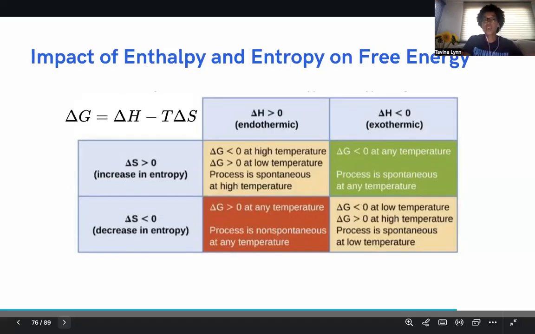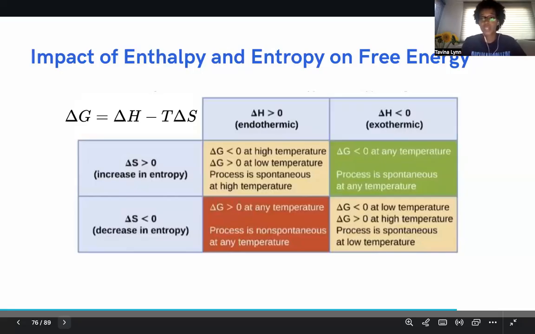And I should say, though we can look at enthalpy and entropy in predicting spontaneity, delta G gives more of a complete picture, right? That's what this chart is showing. It's summarizing all of this that we've talked about: enthalpy, entropy, and now free energy as it pertains to spontaneity.